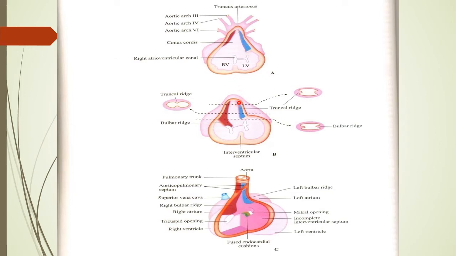They grow toward each other and they finally fuse with each other and divide the conus cordis into two parts, each part forming the outflow tract of a ventricle, while the truncus arteriosus is divided into pulmonary trunk and ascending aorta.